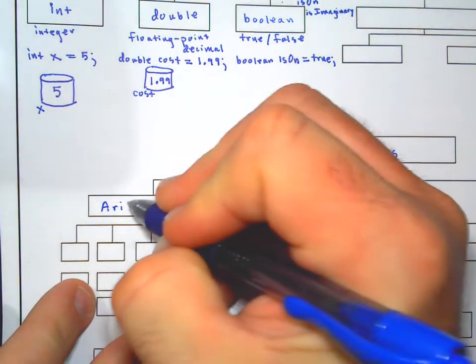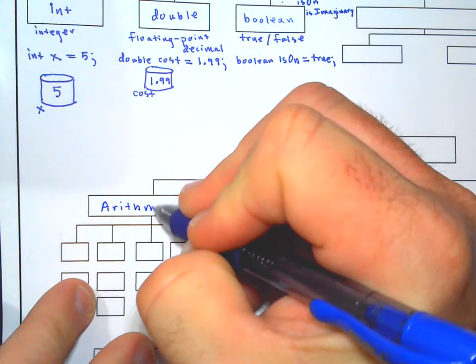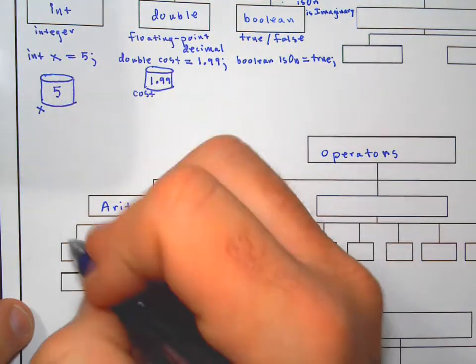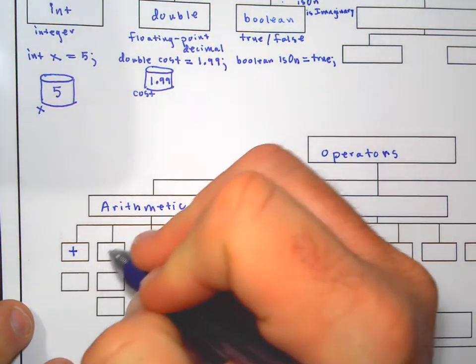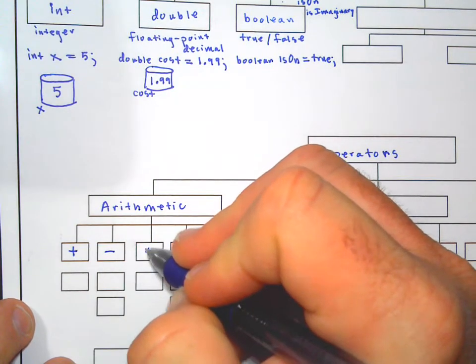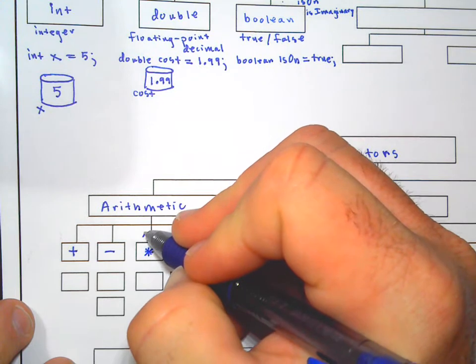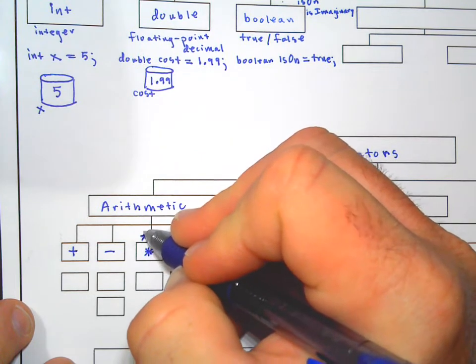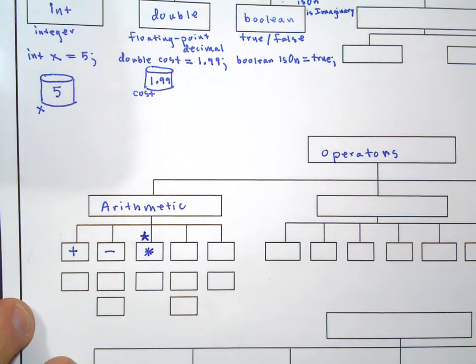So like in math, we have arithmetic operators. And so you can add things, you can subtract, you can multiply. It's more like an asterisk star symbol on your keyboard. It's right above the 8.